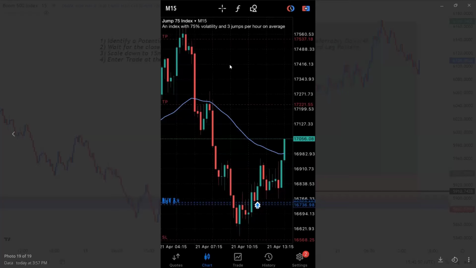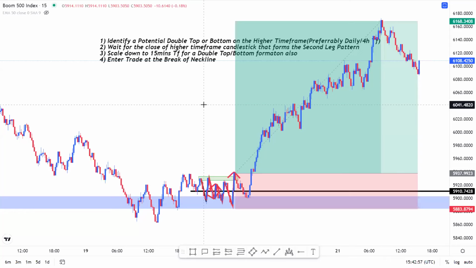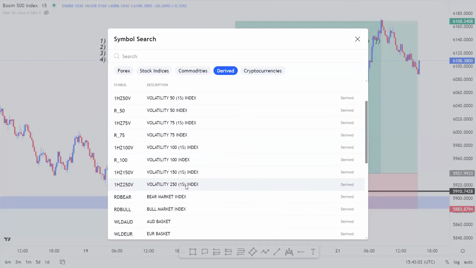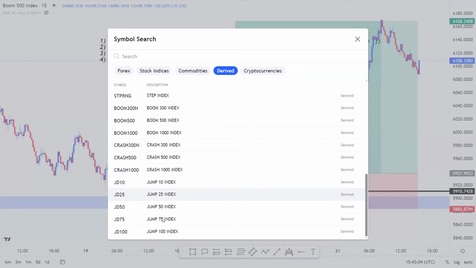Now, very quickly, breaking down the very reasons as to how I caught the current buy trade on Jump 75 index using the very exact same strategy.